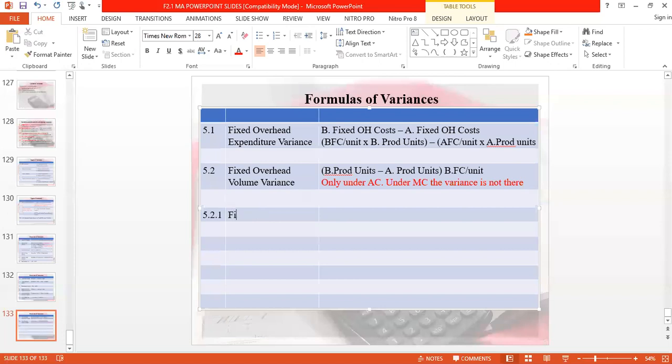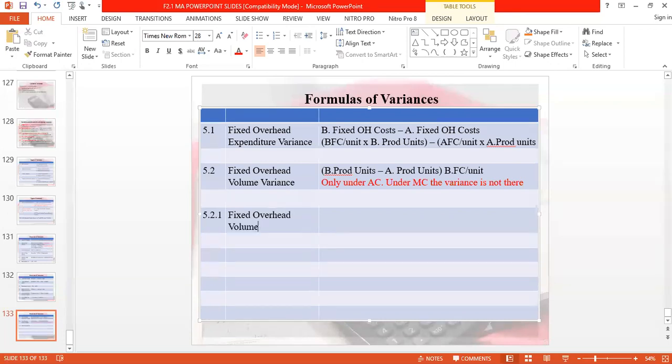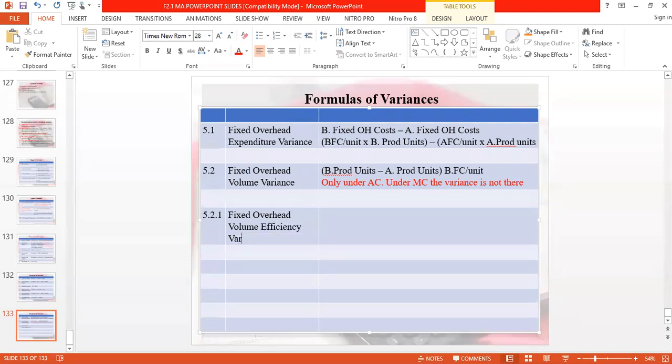5.2.1. Fixed overhead volume efficiency variance.